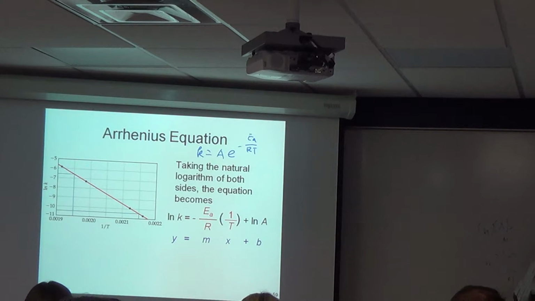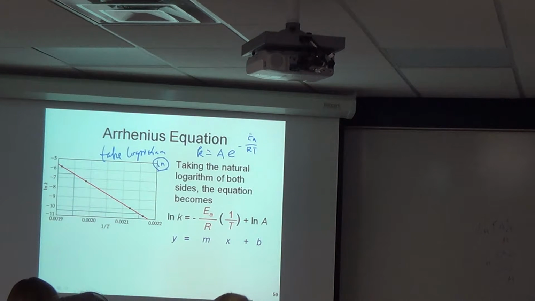Using an algebra technique, we take the logarithm of this equation, this type of Ln, natural log. If you do it carefully, you will see the top equation becomes this.